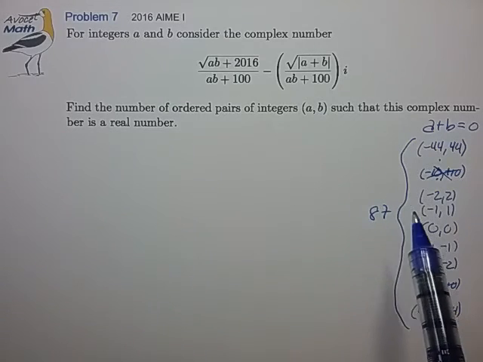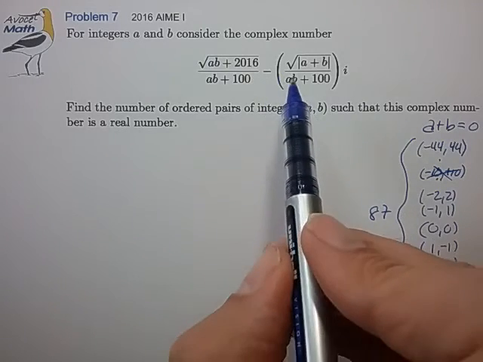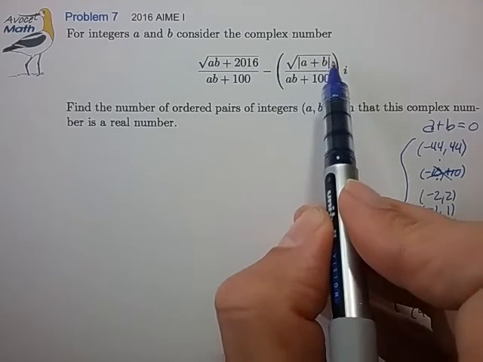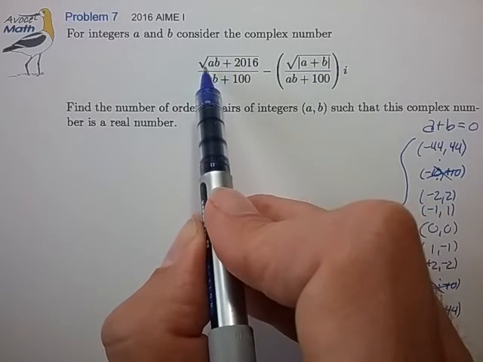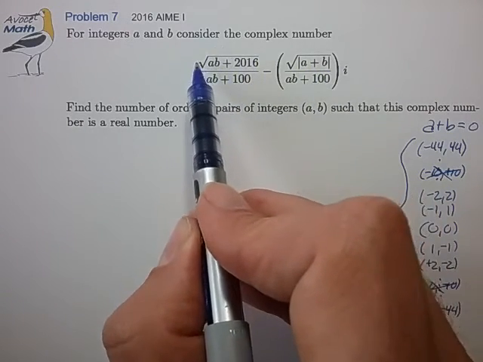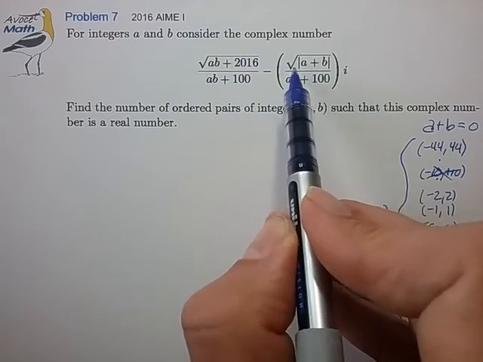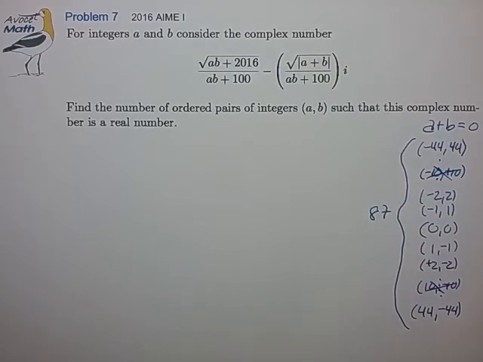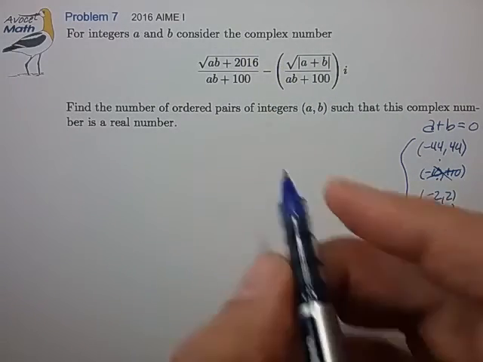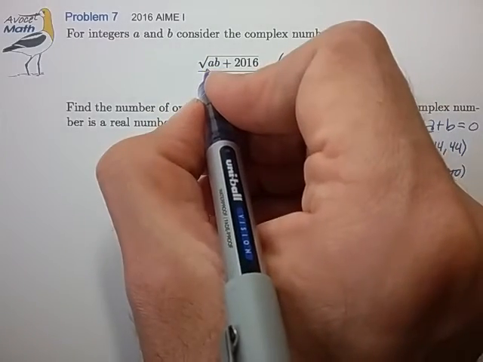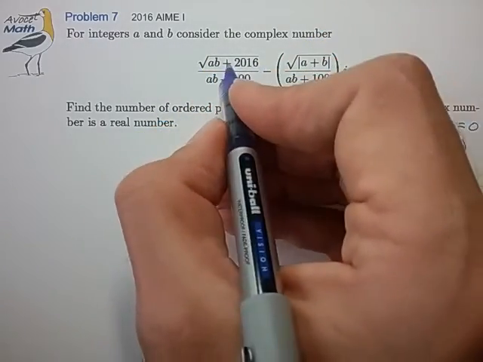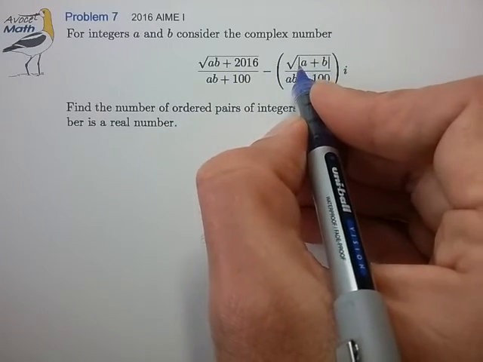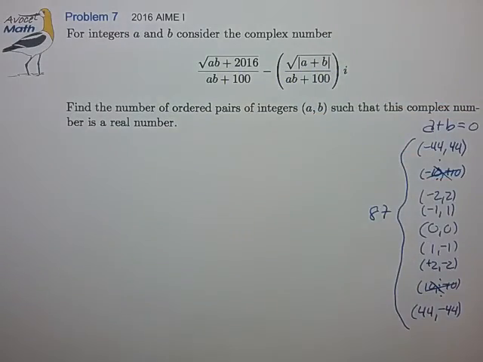So now we have to consider the second case where we essentially have a plus b not equal to 0, but we have an imaginary number on the left side that can cancel out the imaginary number on the right side. So essentially we're looking for the case where the expression inside this radical sign is equal to the negative of a plus b absolute value.